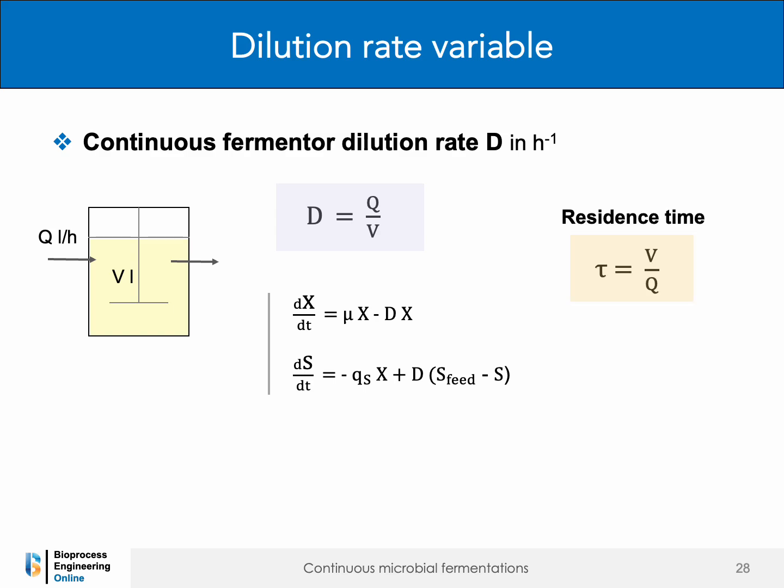The dynamics of continuous fermentation can also be analyzed in terms of the residence time, or mean transit time, of the culture medium within the fermenter. The residence time tau, which is the inverse of the dilution rate, is defined as the ratio between the reactor volume and the volumetric flow rate.